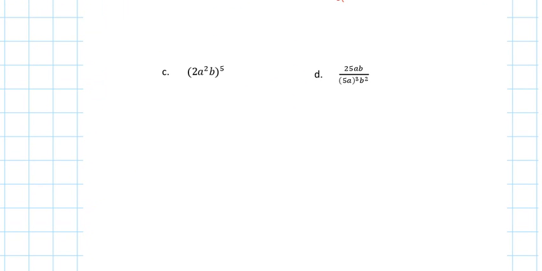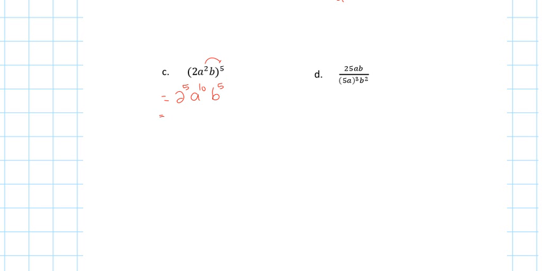How can I simplify this one? Distribute the 5 to the power, right? So it's going to be 2 to the power of 5, a to the power of 10 because you multiply, and then b to the power of 5. What's 2 to the power of 5?